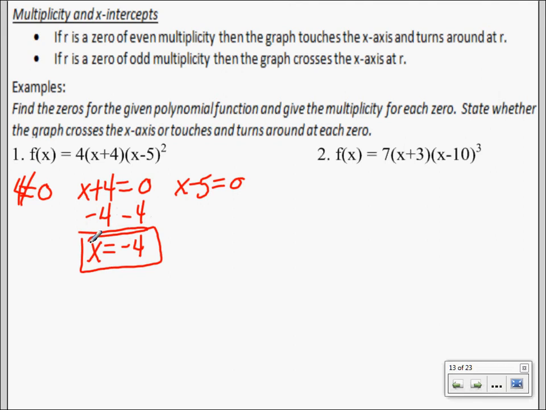So that's one intercept. It has a multiplicity of 1 because it occurs once, and that means the graph crosses there.